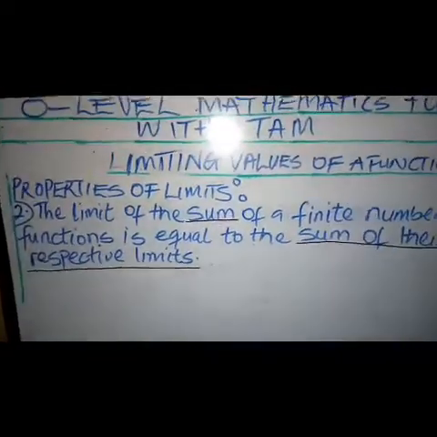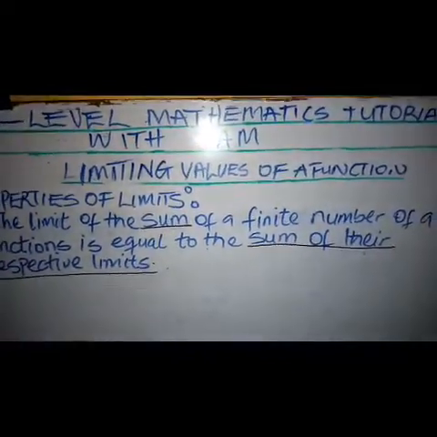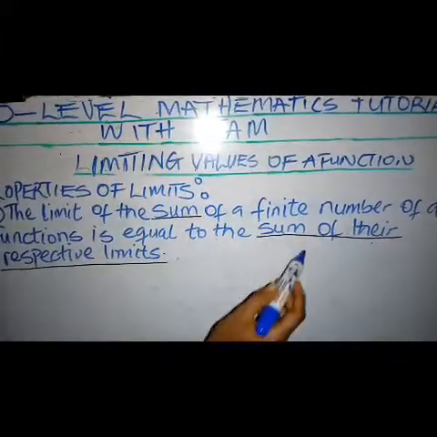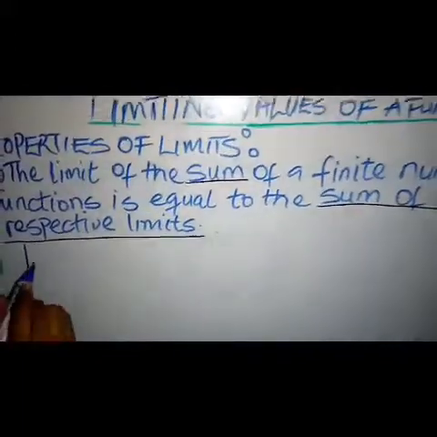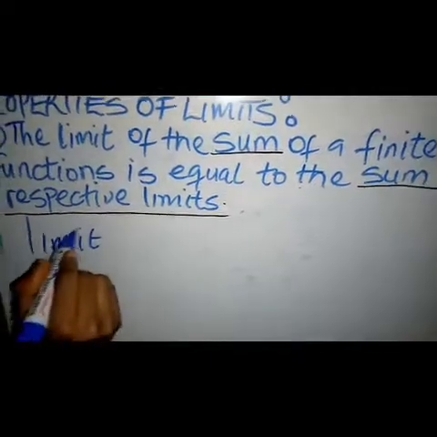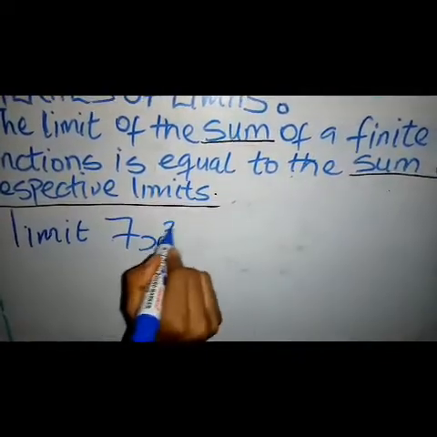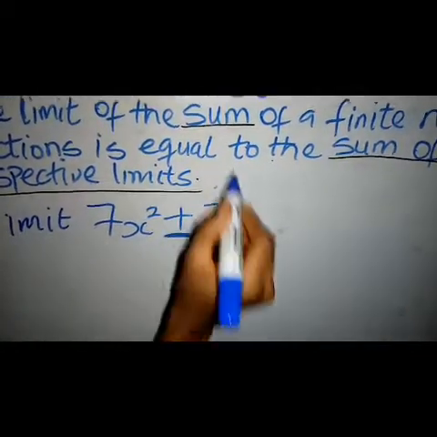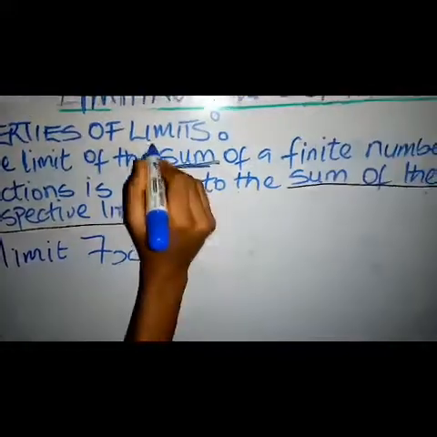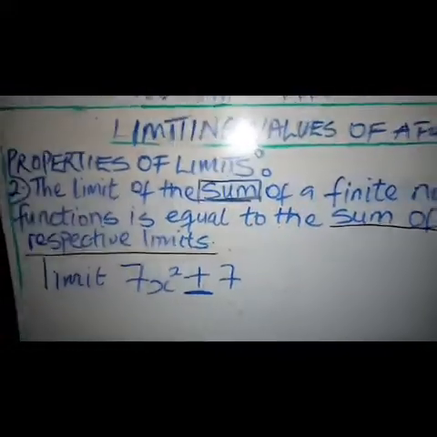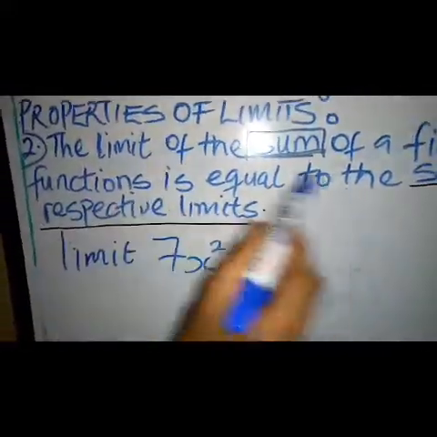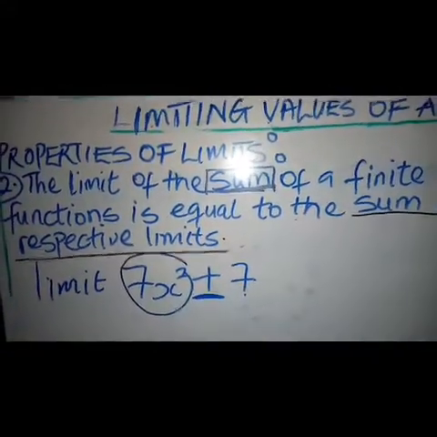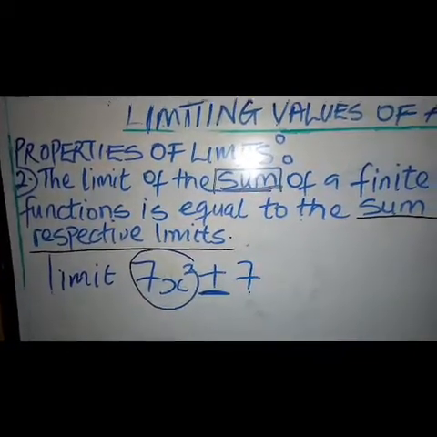Using the general formula method, we will now come back to the second property, which says the limit of a sum is equal to the sum of their respective limits. For example, let's say you are asked to find the limit of 7x squared plus 7. This plus stands for the sum. So we find the limit of the first term, and then the limit of the second, and you can do it together using the general formula method.